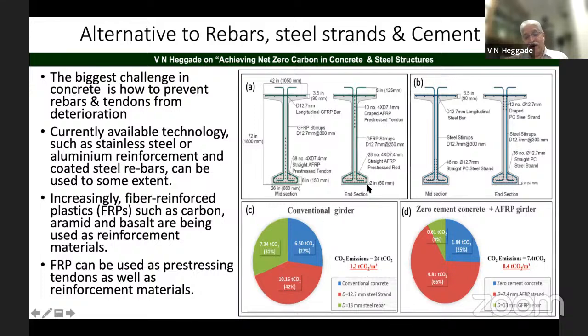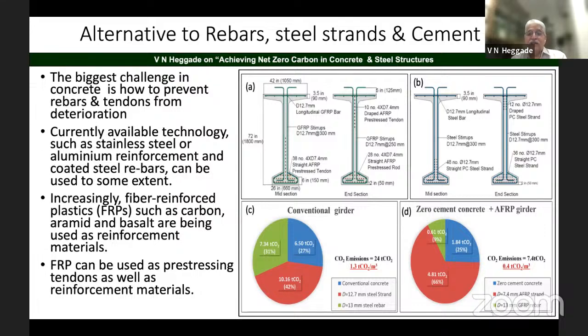If you completely avoid the metallic reinforcements, for example, if you go for FRP bars, fiber reinforced polymer bars, it could be aramid, it could be glass, it could be carbon. If you go for that kind of strands in place of the steel, and also zero cement concrete, which doesn't have the OPC at all.